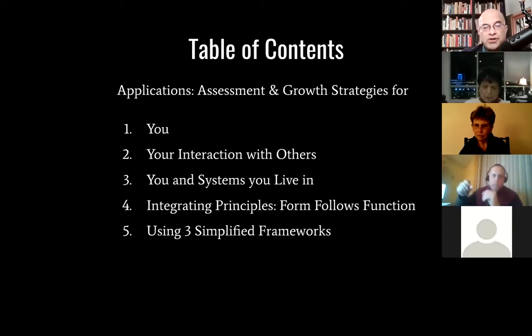Fourth, I'm going to look at the role of integrating principles, and I'm going to illustrate it using my favorite principle, form follows function. This principle holds these things together as a way of integrating these systems. And finally, fifth, I'm going to talk about 3 simplified versions of this framework, which may be particularly useful.